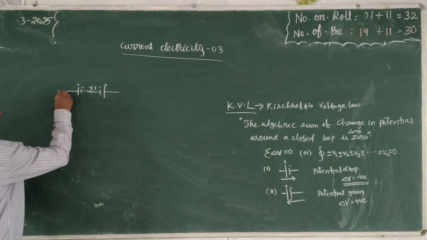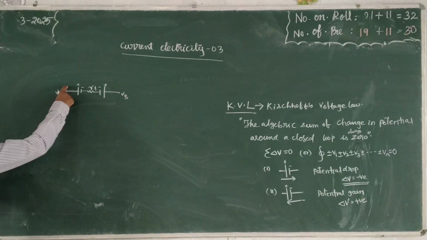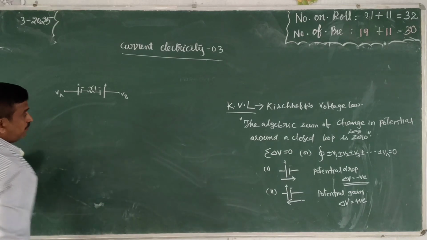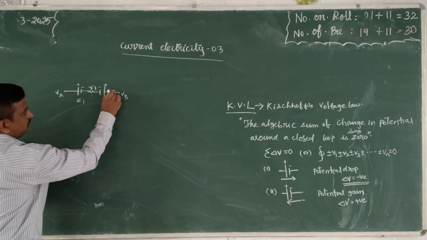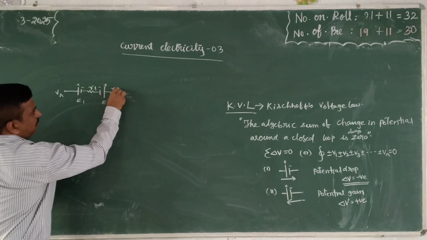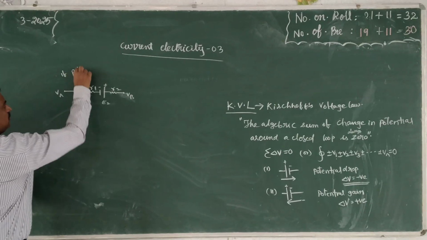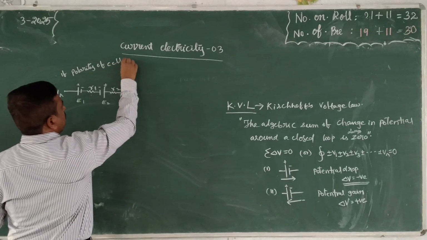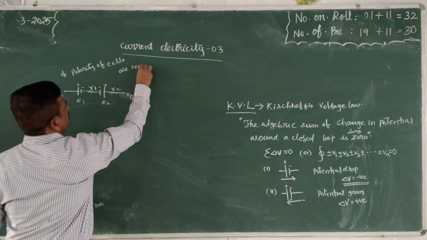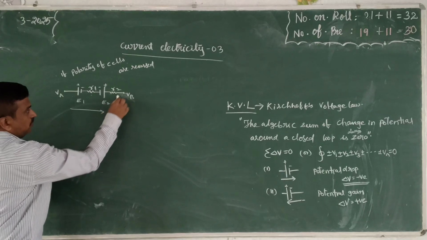See, for example, this is point A with potential VA, and this is point B with potential VB. Here it is E1, E2, R1, and one more resistor R2. If the polarity of the cells is reversed, what is the effective EMF and effective internal resistance? For that, see here, this is the direction of the loop, and this is the current direction.